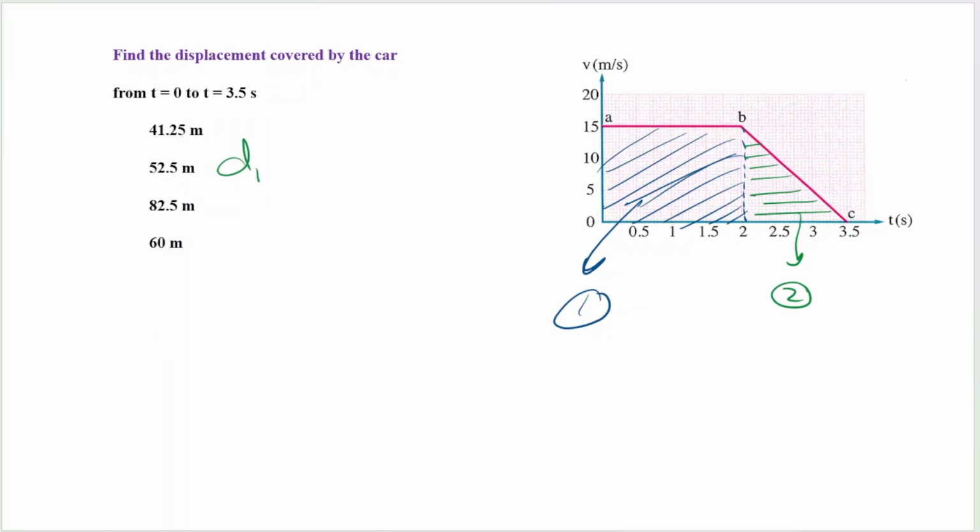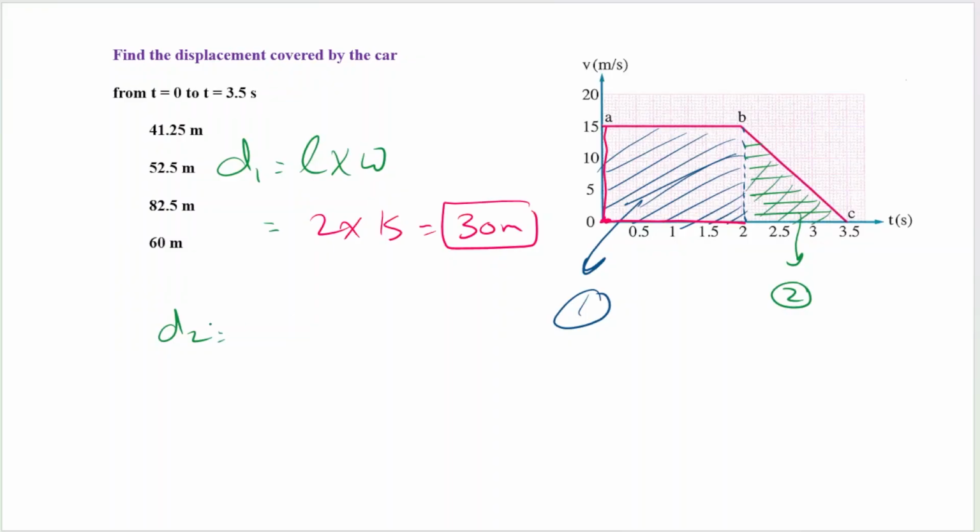You will calculate the first distance by multiplying length times width, because this is a rectangle. Its length extends from 0 to 2, it's 2, and its width extends from 0 to 15, so the total is 30.